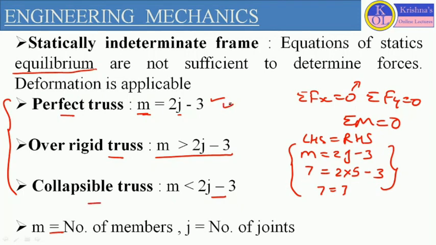Perfect trusses are generally used in different types of buildings to resist deformation against external loading. An over rigid truss has more members compared to the required number, and a collapsible truss has fewer members compared to the required number. So the perfect truss is the best truss we use to resist deformation against external loading.